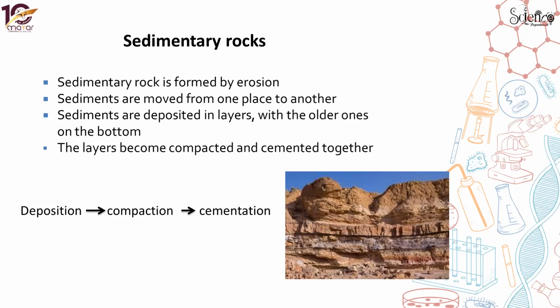Okay? Clear how sedimentary rocks form? Any questions about the formation of sedimentary rocks? So the main processes involved in the formation of sedimentary rocks are deposition, compaction, and cementation.